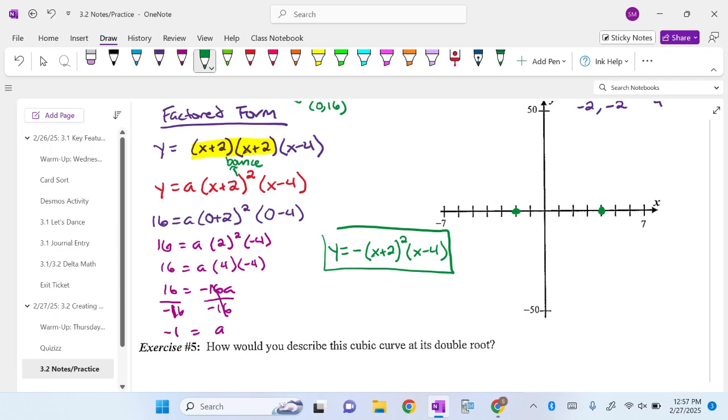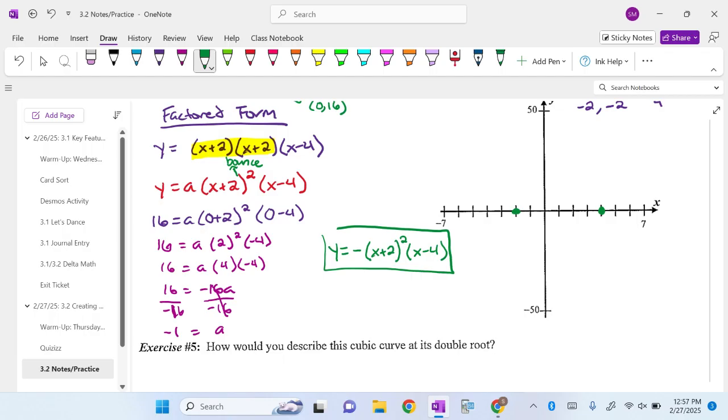So obviously it's whether it's an odd or even function, which cubic's obviously an odd. What was the other part of that card sort yesterday? So it was whether it was odd or even. What was the other part? Positive or negative?